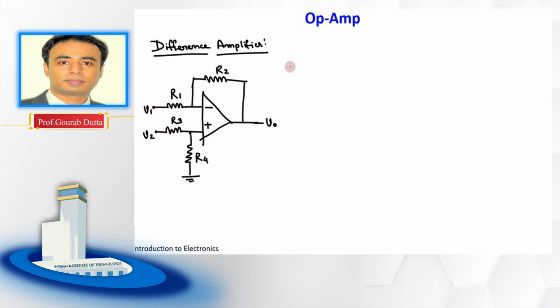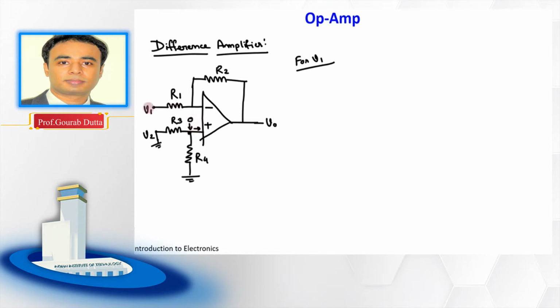So for example, if we consider first this V1, when we apply only this V1, at that time this is grounded, right? And if this is grounded, you know that there is no current flowing through this op-amp or coming out of this op-amp, so the voltage drop across this R3 or R4 is basically zero. So then this potential is also zero, right?